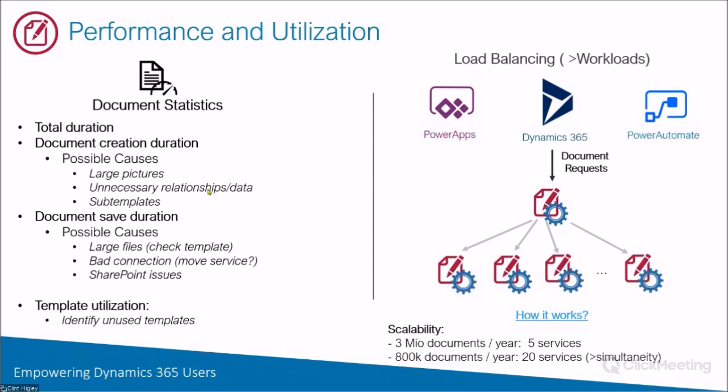One possible remedy is that we can move the services, because we have servers in a bunch of different Microsoft data centers that are strategically located so that you can have faster document generation times. And lastly, another thing that we see a lot is SharePoint issues. SharePoint is notorious for slow upload times, right?